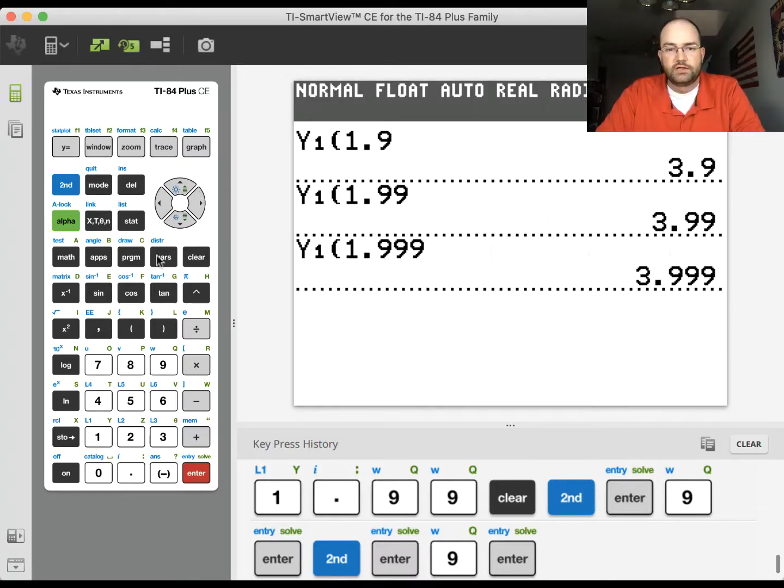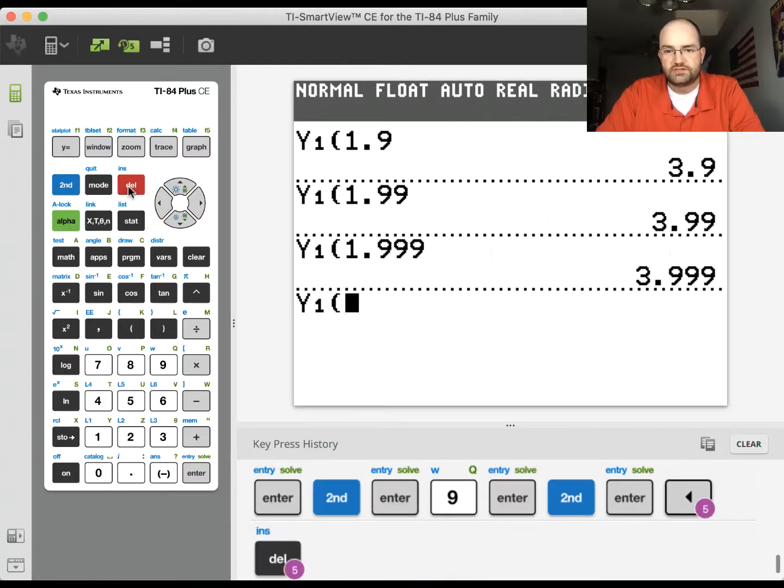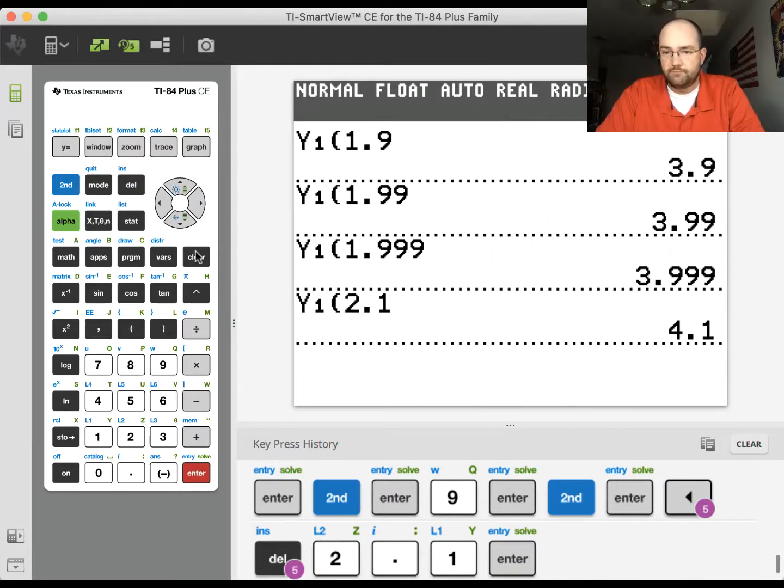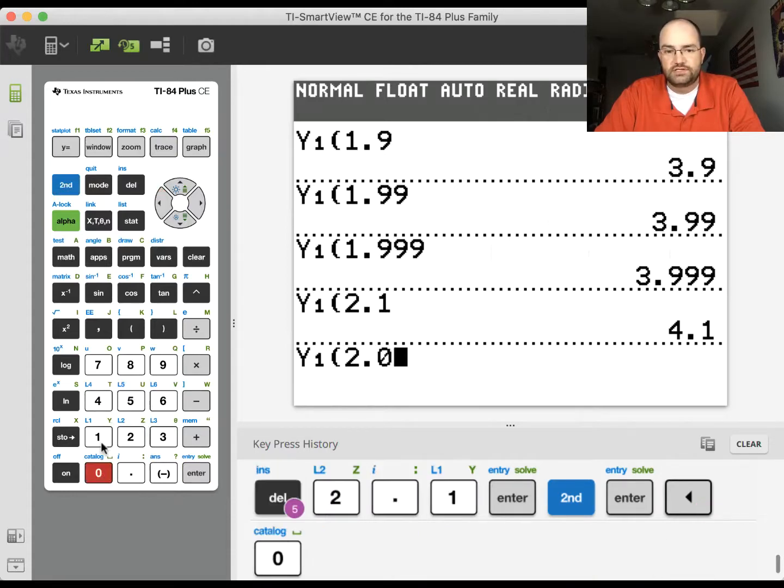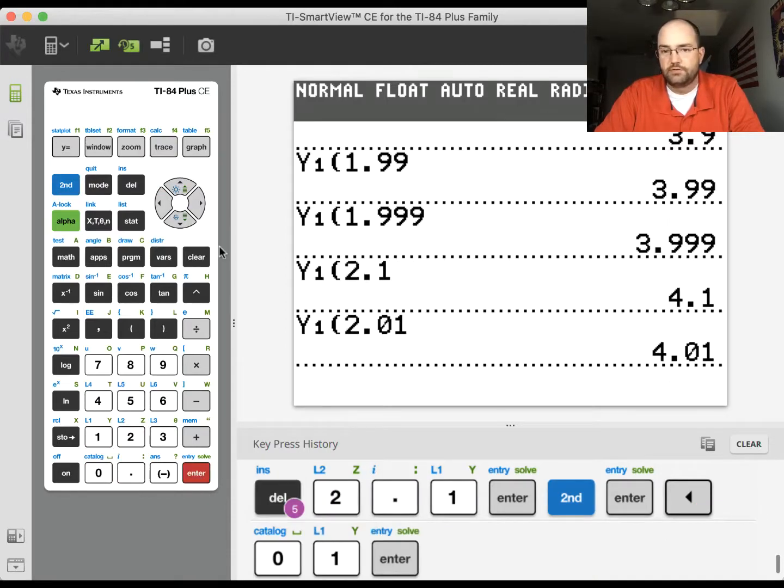Awesome. Let's do this again. You could do second enter and go through this and just do deletes, or you can go to vars, right 1, enter, enter. That's perfectly fine as well. So starting out with the 2.1, that gives us 4.1. Do it again, or just do second enter. And then you could do 0, 1 like that, and then click enter, giving us 4.01.